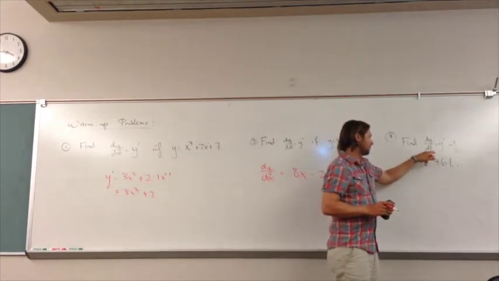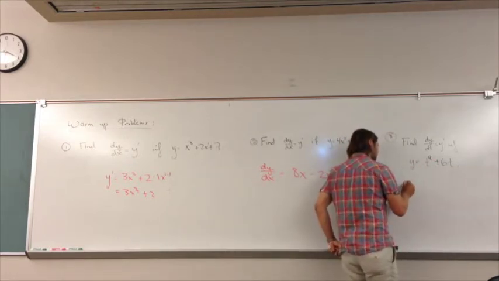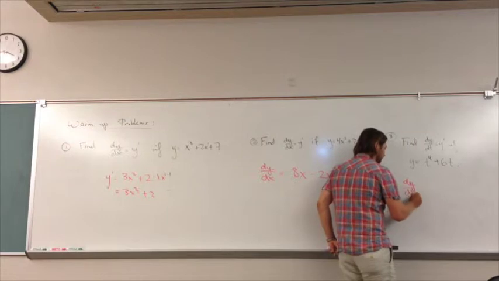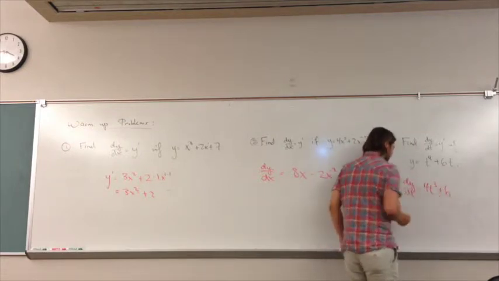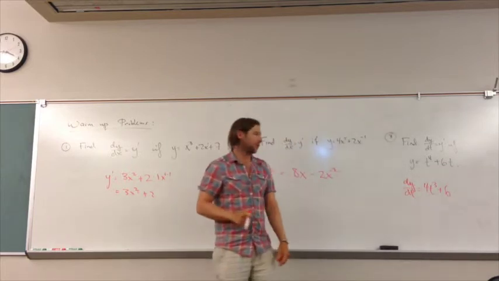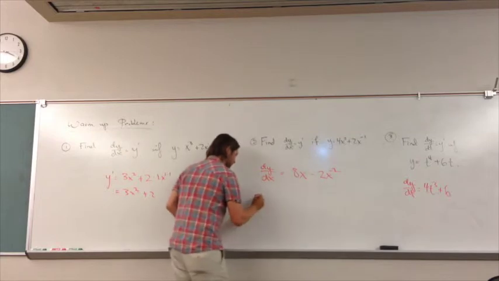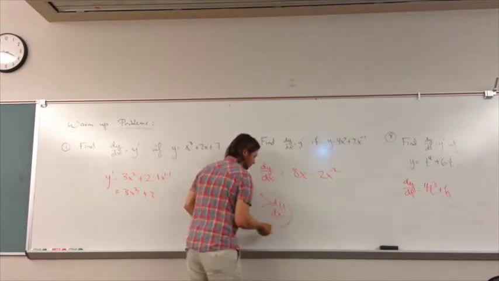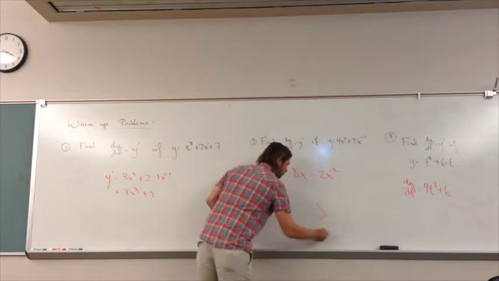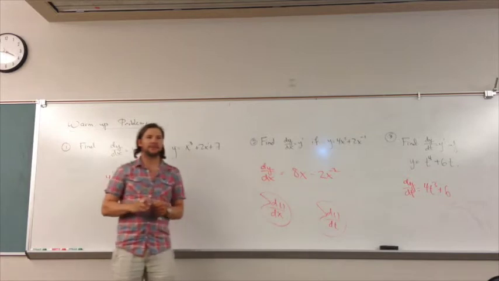Switching up just a little bit, what's dy/dt if y equals t to the 4th plus 6t? 4t cubed plus 6. Okay? So what's the difference between d/dx and d/dt?